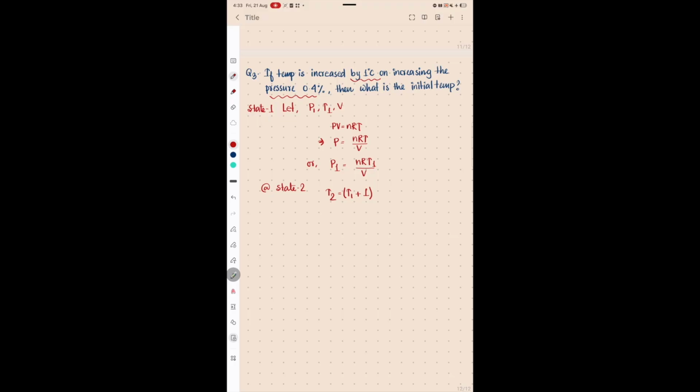So they increased the temperature by 1 degree centigrade. And what did they do to the pressure? P2 becomes P1 plus 0.4% of P1, that is P1(1 + 4/1000).